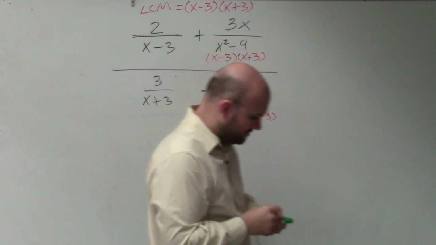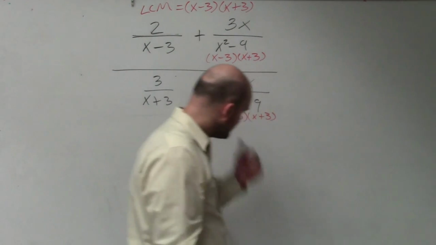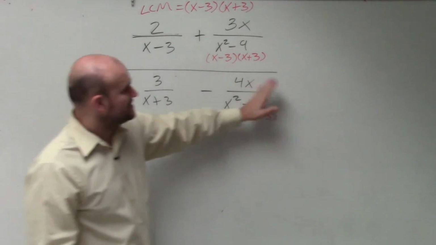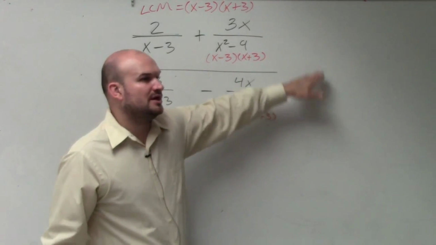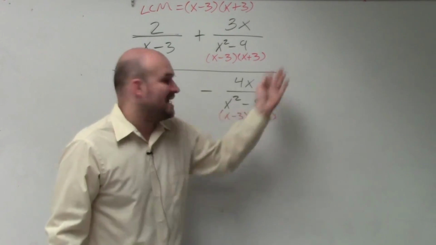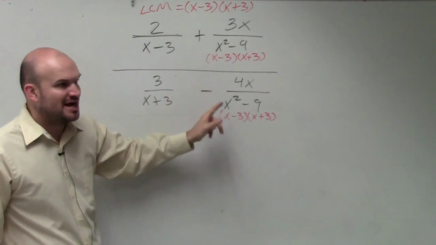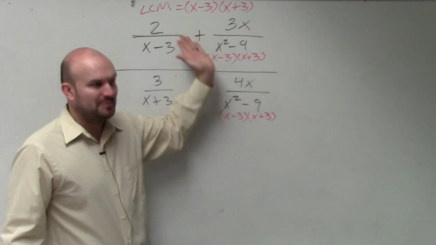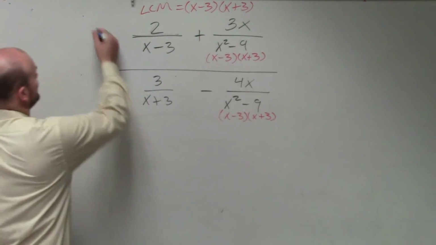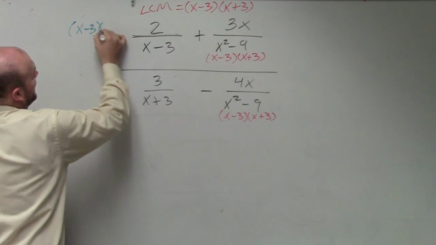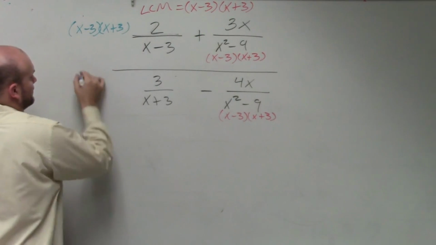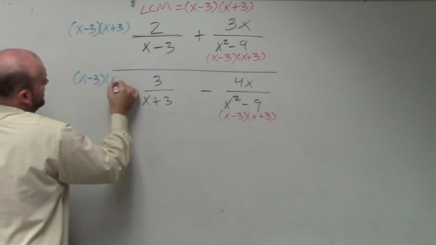Now, all I'm simply going to do is multiply your LCM by your numerator and your denominator. But when you do that, since they're separated by addition or subtraction, you have to apply the distributive property, correct? So in reality, you're going to multiply everything by your LCM.